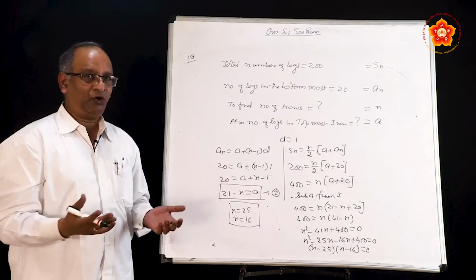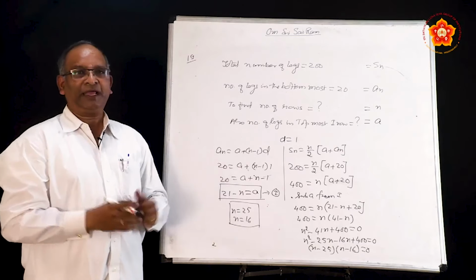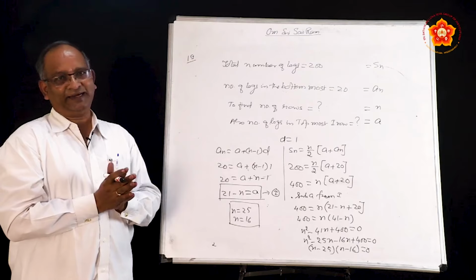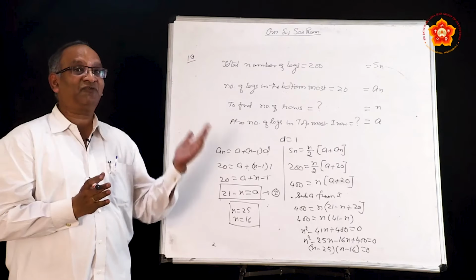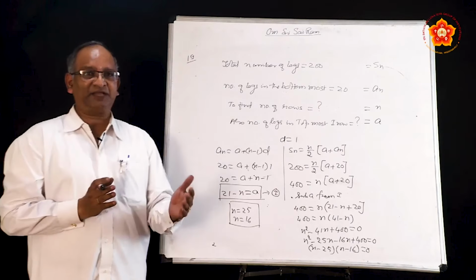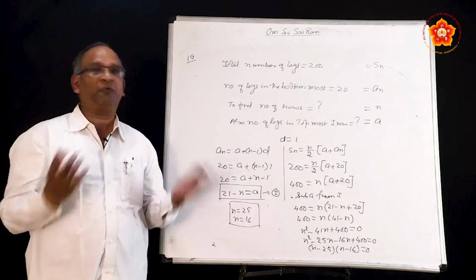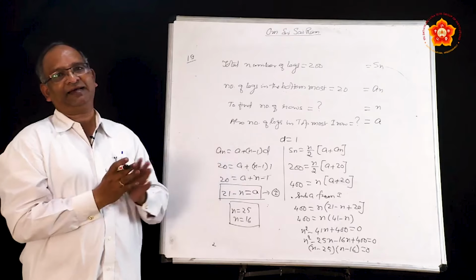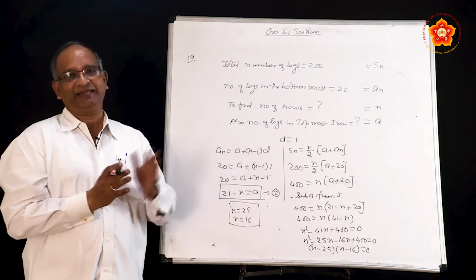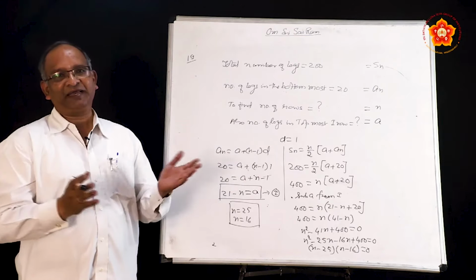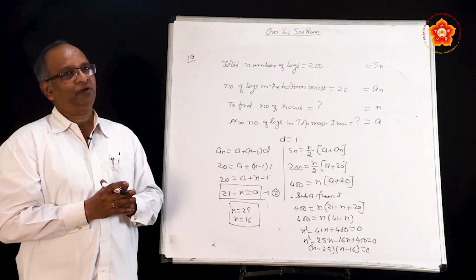So we need to know which is the correct answer. In order to know which is the correct answer, let us find out the first term. If the number of logs in the topmost layer is positive, then that is the correct answer. If the answer is negative, we say that we reject that particular number of logs.